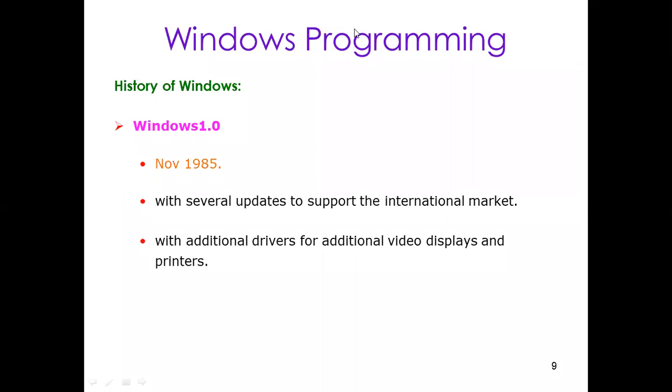Apart from that, some additional drivers were added for video displaying and for printing the document. Fine. So these are the advantages of Windows 1.0 over the IBM PC, which was developed in 1981, and the Apple, which was developed in 1983.